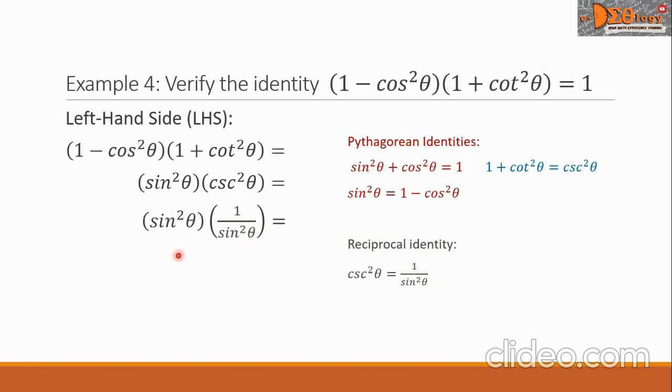And from here, we can do simple cancellation. That sine square theta is cancelled with the denominator sine square theta. After the cancellation, number 1 comes down. And we can see that this number 1 is equal to the right-hand side of the given problem. So we will be able to show that the left-hand side is equal to the right-hand side. This is our final answer.